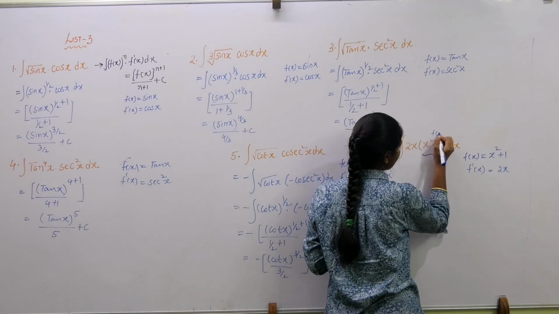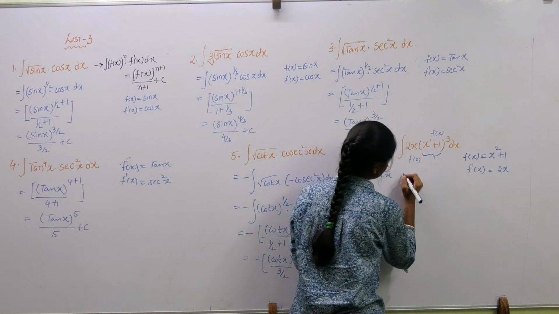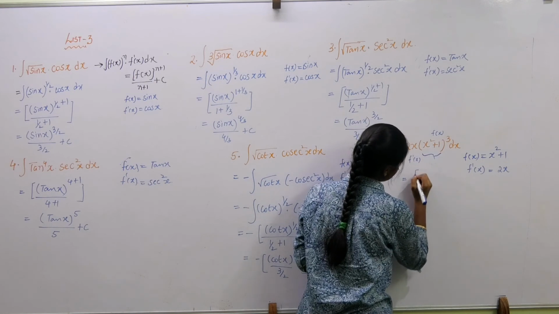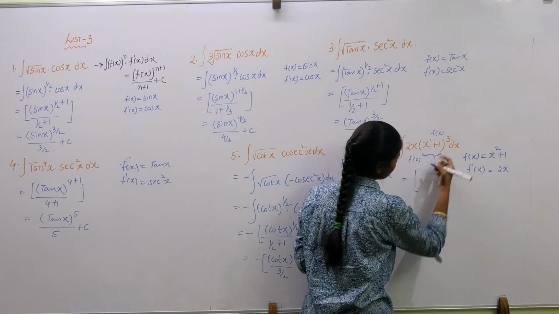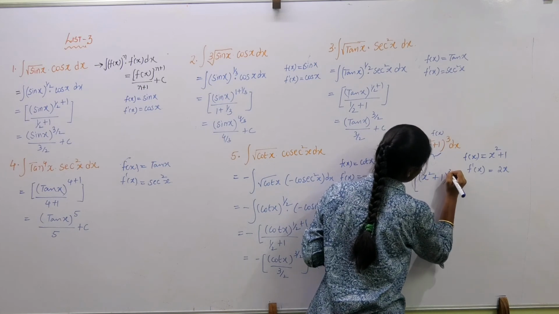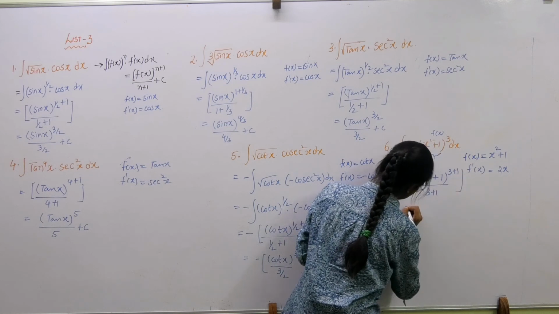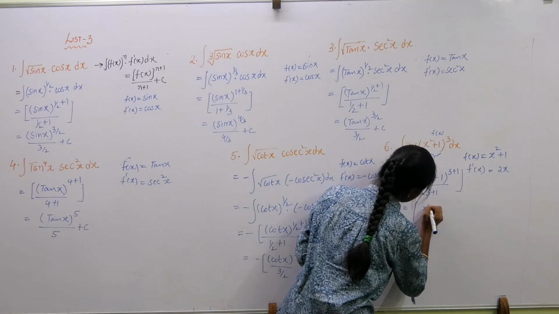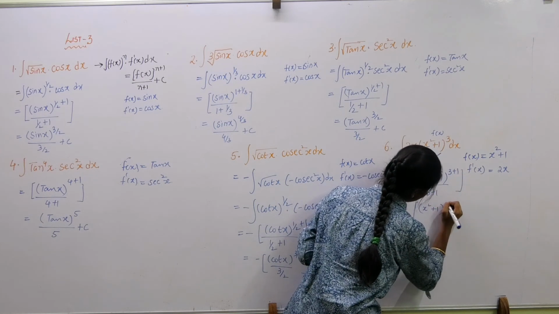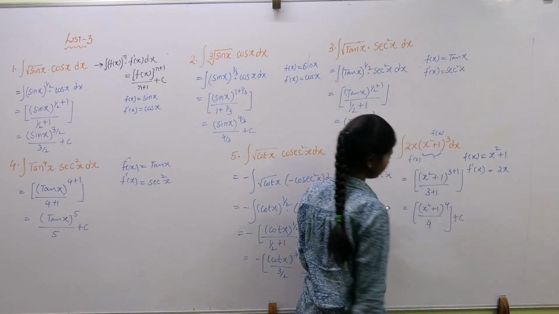This is f(x) and this is f'(x) dx. So when we substitute the formula, we get [f(x)]^(n+1)/(n+1), that is (x square plus 1)^(3+1)/(3+1), which equals (x square plus 1)^4/4 + c.